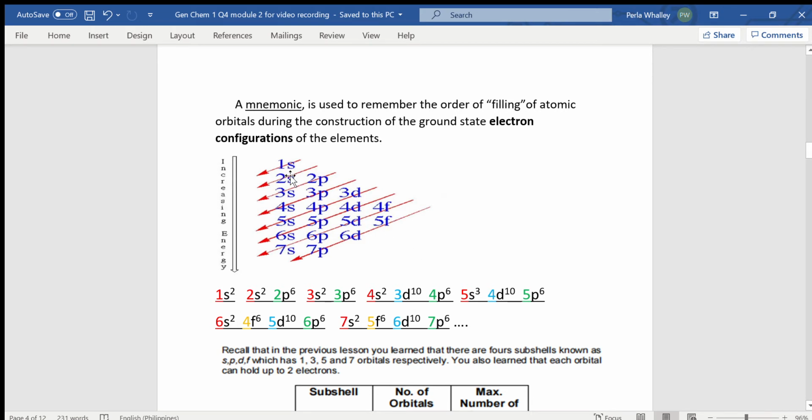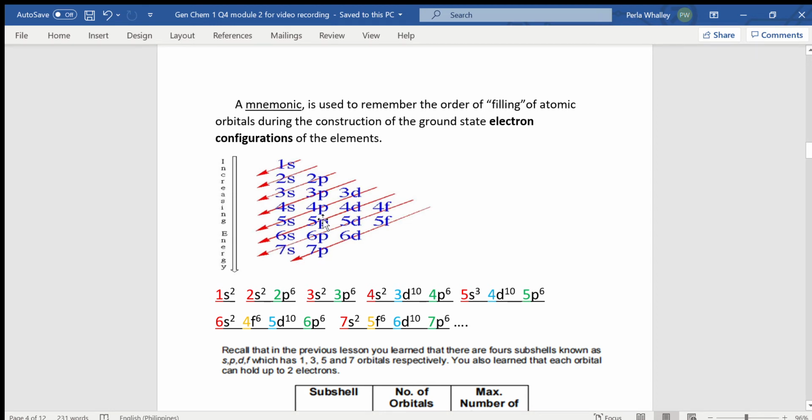Here, this is the mnemonic. How do we write the mnemonic? First, write numbers 1 to 7. This will represent the energy levels. Then write s.